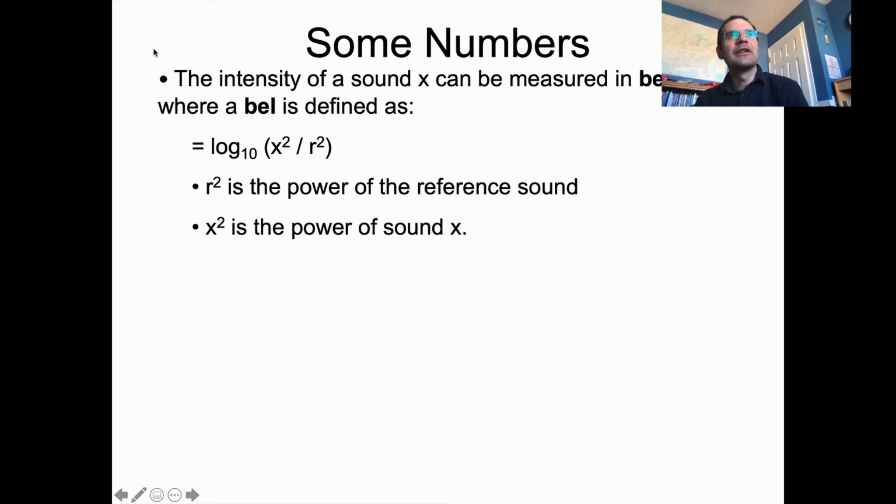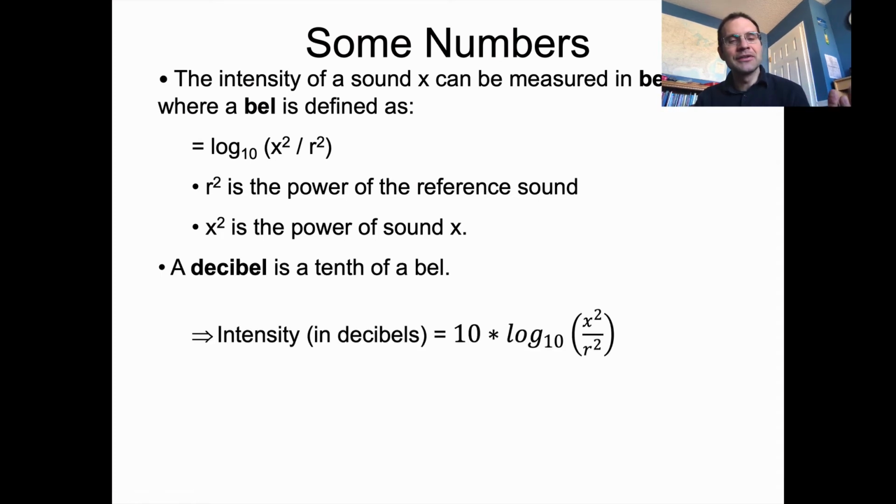It turns out, though, that the bell unit itself is too big to be useful for the sounds we hear every day in life. So instead of using bells, normally people talk about decibels, where a decibel is a tenth of a bell. To get the value of the intensity of a sound in decibels, you take this equation and multiply it by 10.